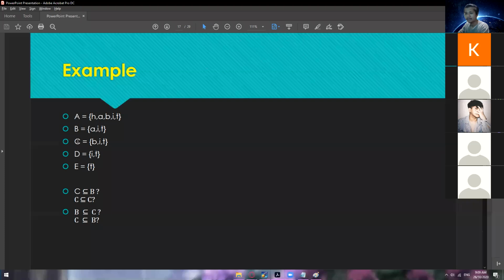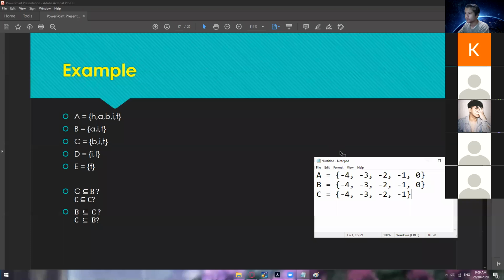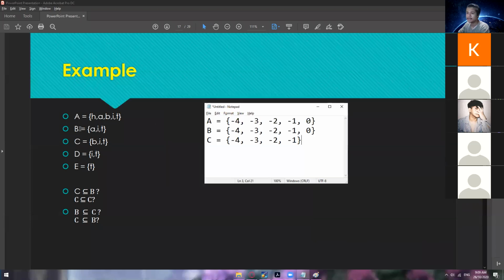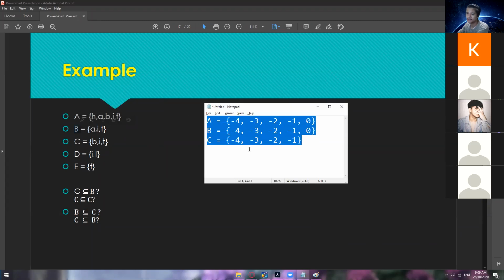We have set A and B, and A contains habit, AIT, BIT, IT, and then T. So in here, we could say that B is a subset of A. Tama?